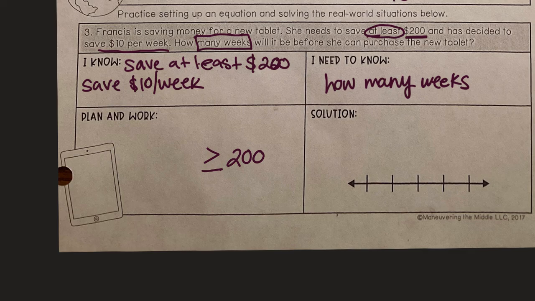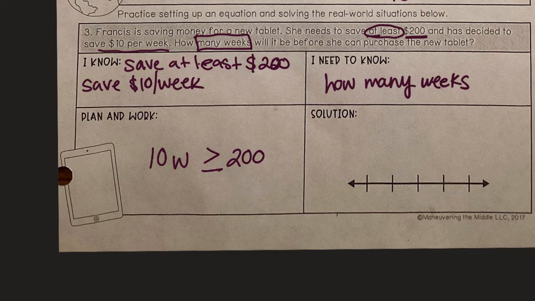And I also know that she's saving $10 every single week. So I'm going to assign the weeks a variable of W, and she's going to be saving $10 every week. So that's going to be a multiplication problem. $10 every week times her number of weeks will get her at least or equal to $200.